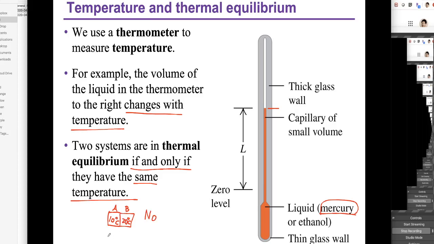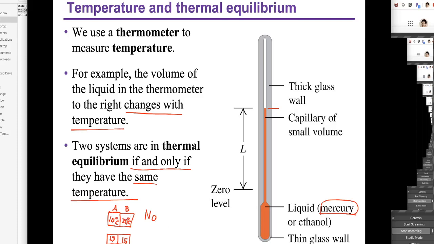After some time, A and B may have the same temperature. Maybe it's 15 degrees, and this is 15 degrees too. Because when they get in contact, the heat will be transferred from B to A, because B has high temperature and A has low temperature.